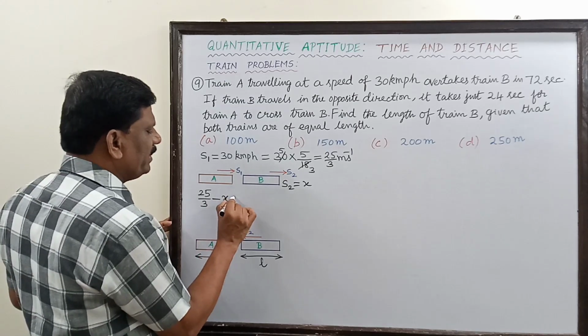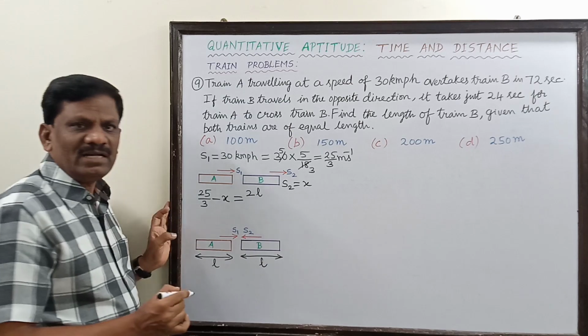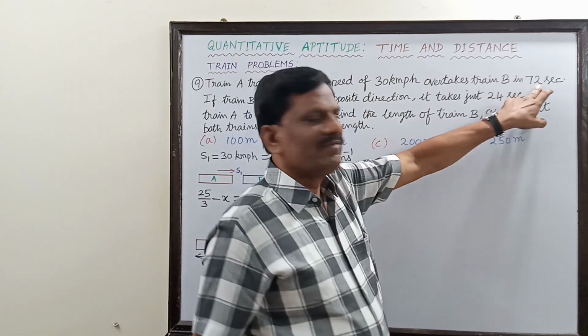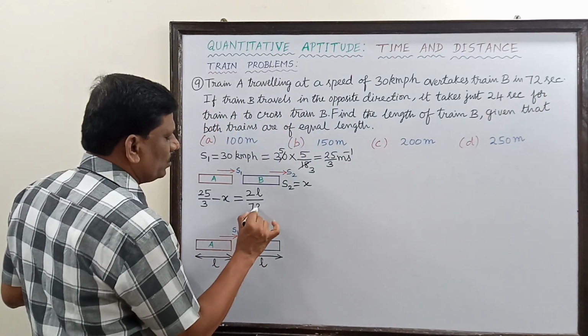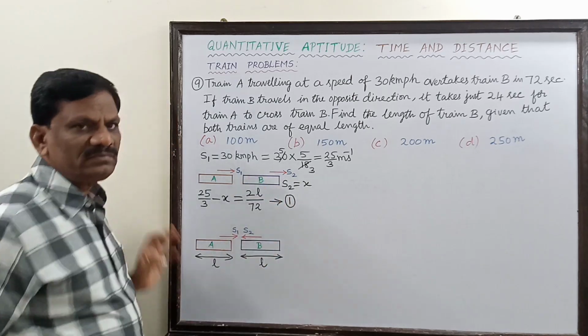And this must be equal to the distance travelled, 2L, L plus L is 2L. The time taken in the first case is 72 seconds, and this is our equation 1.